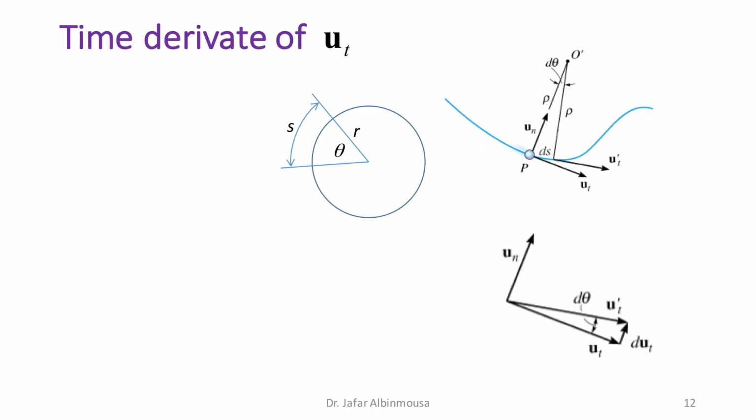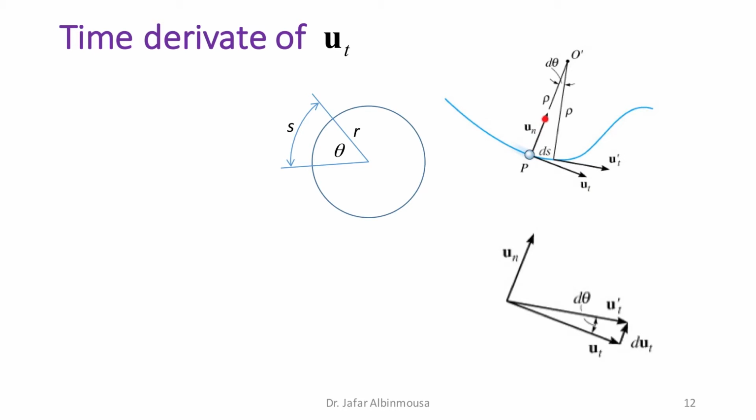Now, to derive the unit vector ut with respect to time, let's consider the situation on this graph. The particle P was at this position. At this position, we have a tangential axis, and since the motion is in this direction, where s is increasing, we have this ut, a unit vector.